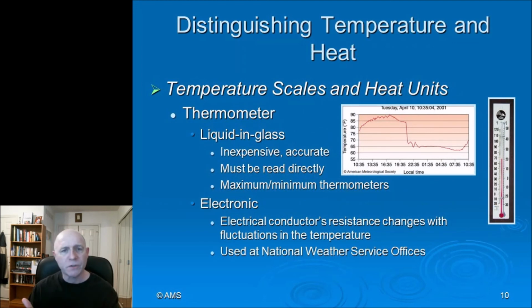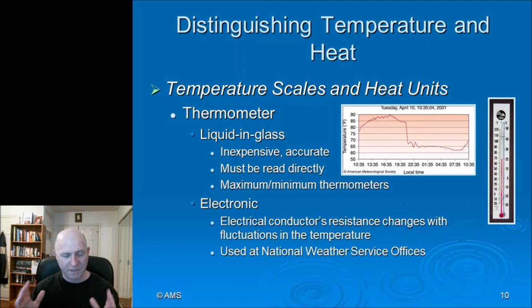To measure temperature, the old way, if you will, is the liquid and glass thermometer. It used to be mercury in glass, but most of those have switched now to alcohol, just colored alcohol in glass, because mercury is poisonous, and should it leak, that's a bad scene. But for most scientific purposes, the ones used in the National Weather Service offices, most weather sensors that we see for widespread dissemination of weather information, those are electronic.